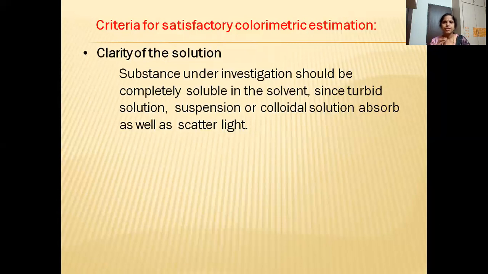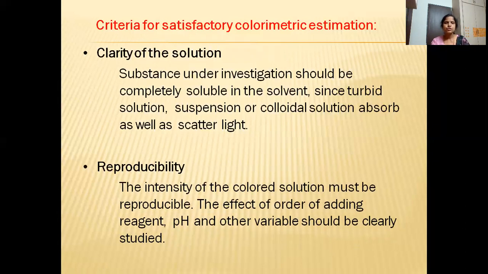So when we are preparing the standard solutions, we have to see that the solution is clear without any turbidity, and it should give reproducible results. You have to check by changing the pH of that solution and check whether we are getting the results correctly or not.